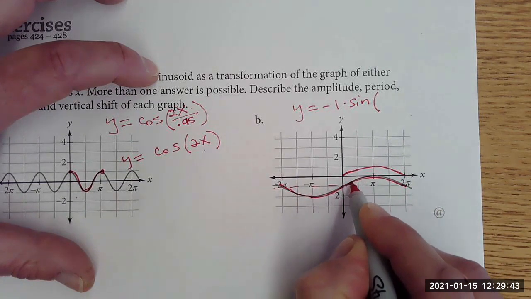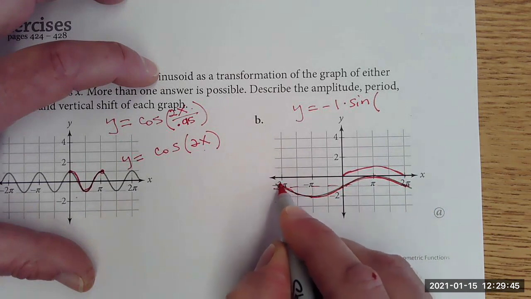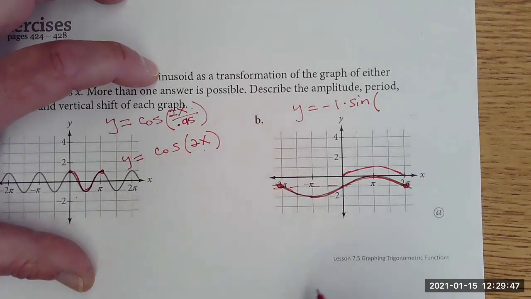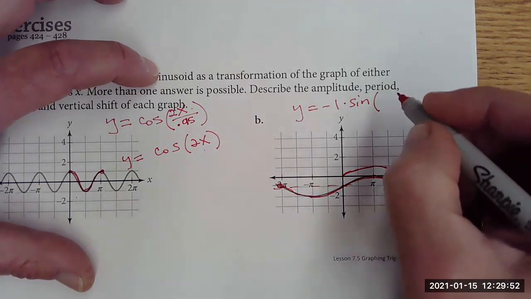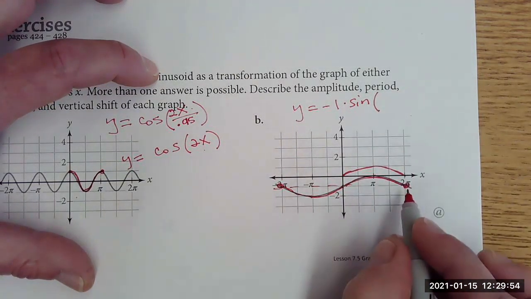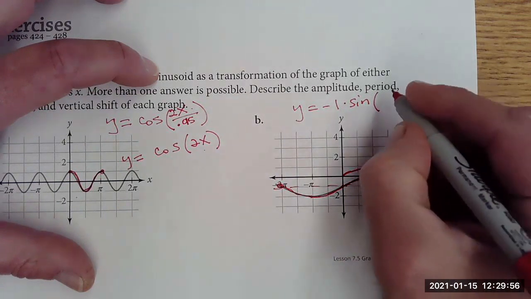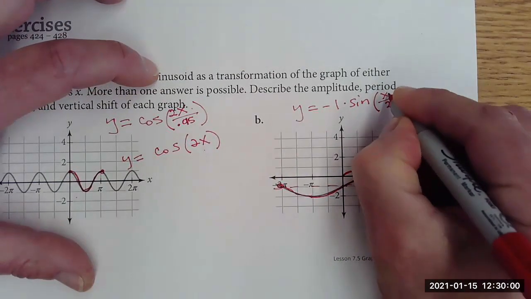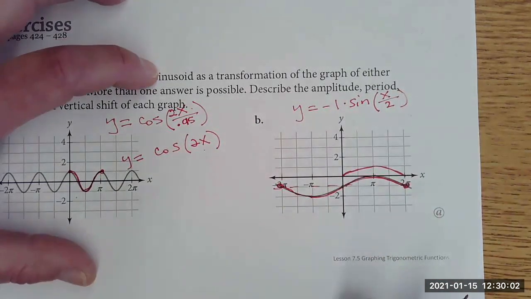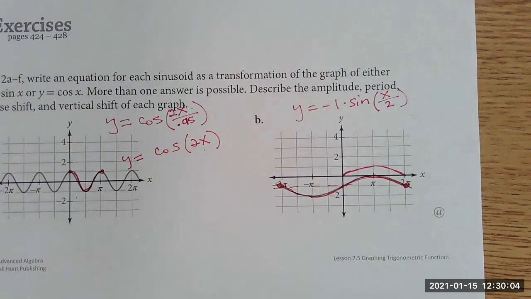So I'm going to look at the distance between -2 pi and 2 pi. That distance is 4 pi. So 4 pi divided by 2 pi gives me 2. My a value is 2. Sine of 1/2 x, or x divided by 2.